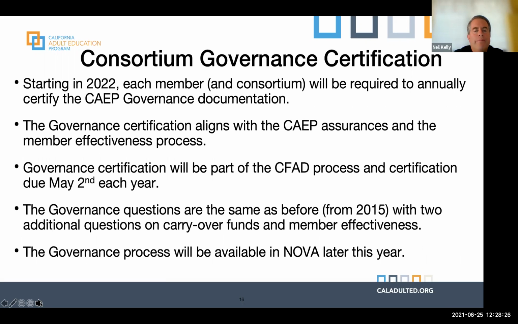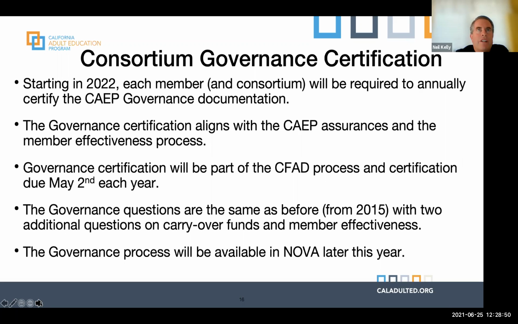Okay, so starting next year, 2022, each member and consortium will be required to certify annually the CAPE governance documentation. In the old days, I think we just had this at the beginning of this program in 2015.